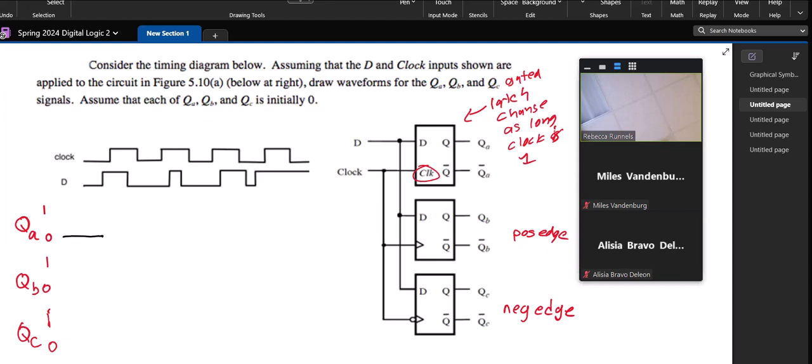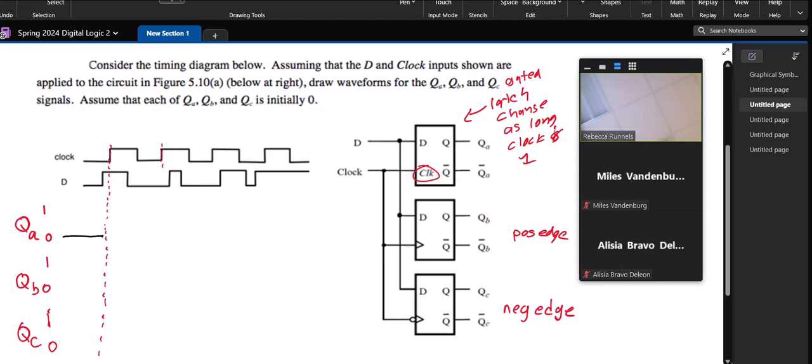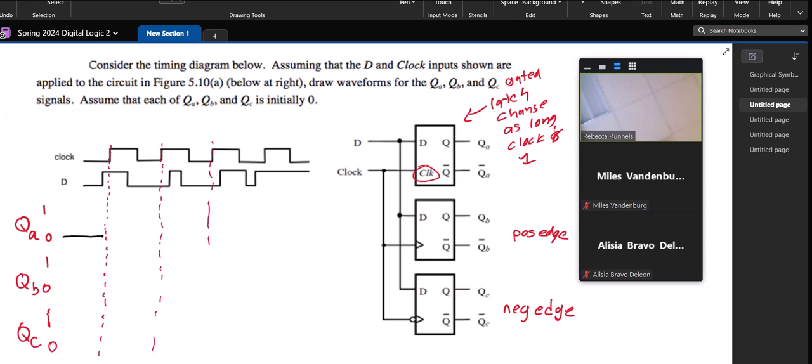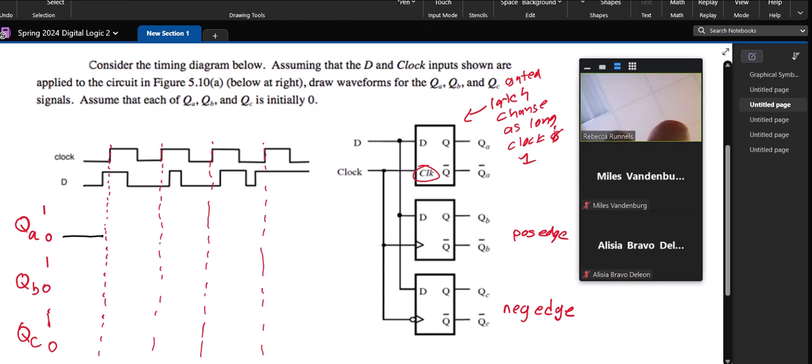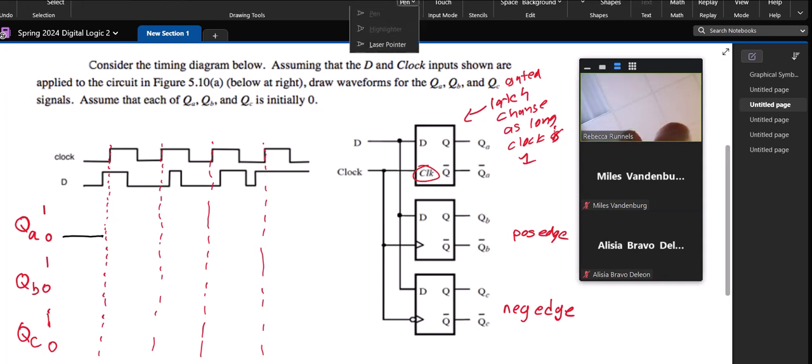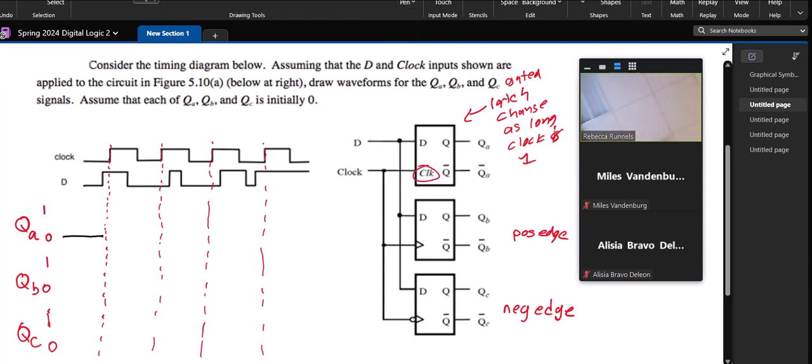Now, I'm also going to draw lines to show where my clock edges are. I'm going to draw a red line for the positive edge. So all the positive edges will be red. And I'll do purple for the negative edge.